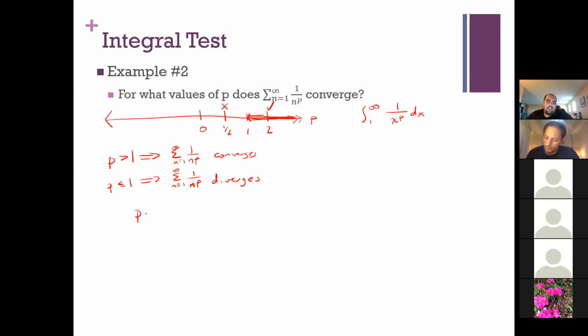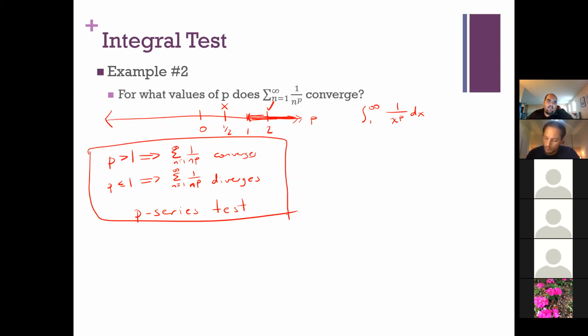This is called the p-series test, which doesn't really warrant its own section because it is so quick and basically shows up as a result from this other test, but it's also really, really powerful because it can give you some intuition into other series.